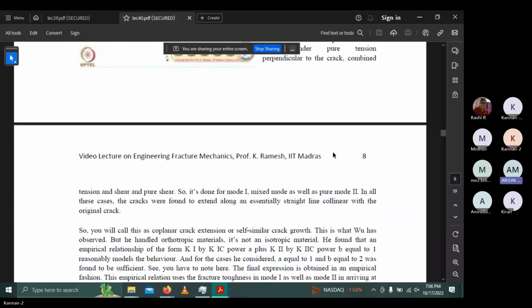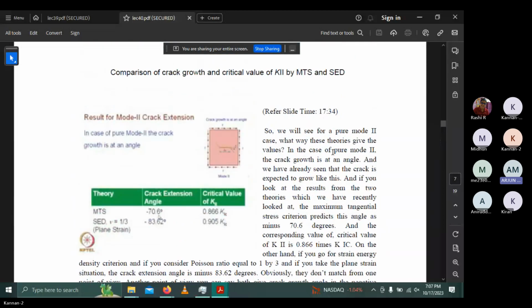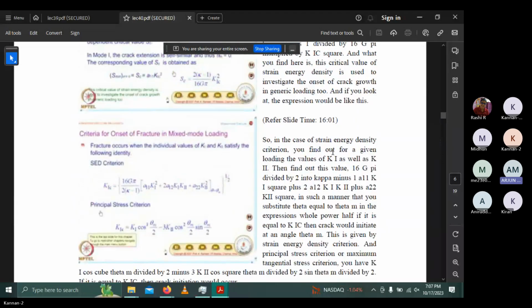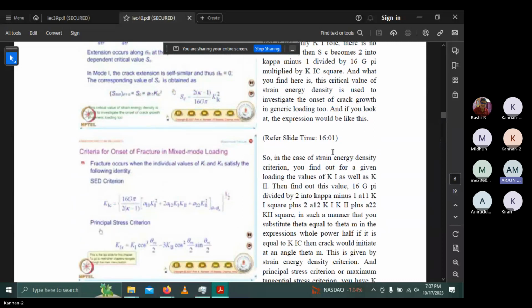Now since you mentioned, I'm just thinking. It is before that, previous slide. Can you just scroll up? This one. Yeah, this is what I was saying. For K1C calculation for two criteria, the formula is different.